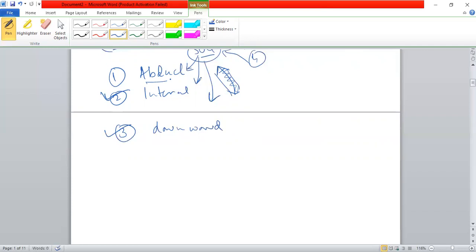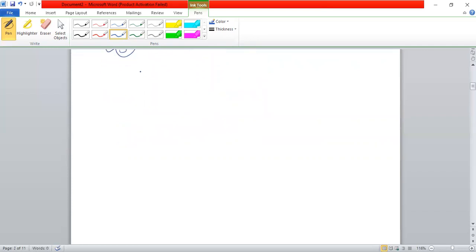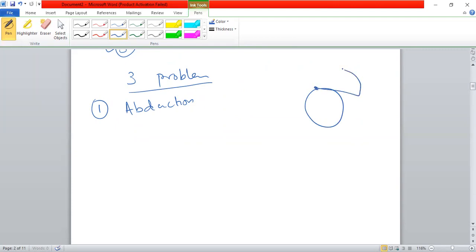Now let me get this clear for you. Now we will discuss the pathology. You have three problems, and I will explain all three. The first one is abduction. When your superior oblique muscle is not working, you won't have internal rotation, downward movement, as well as abduction.